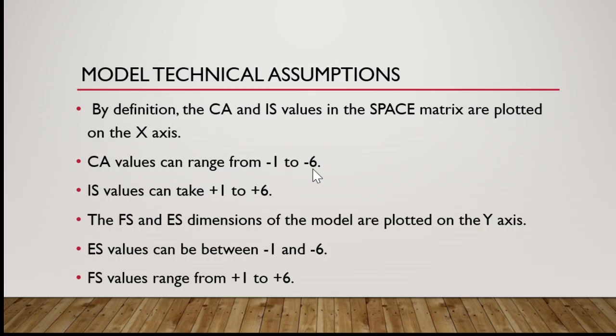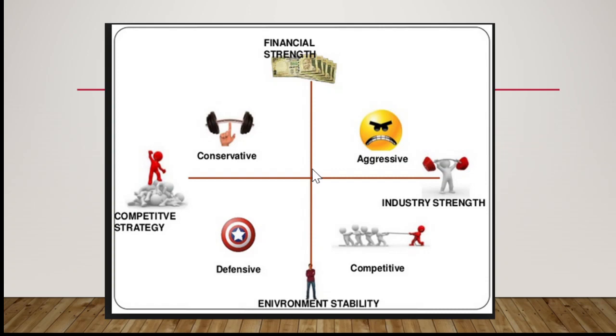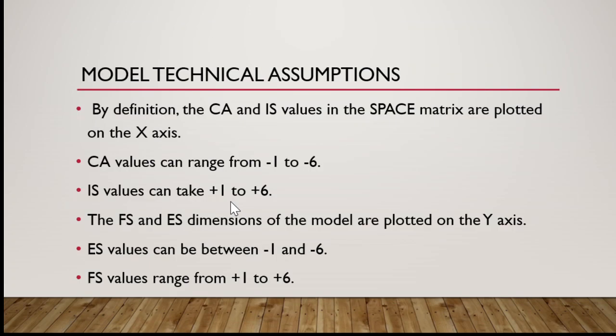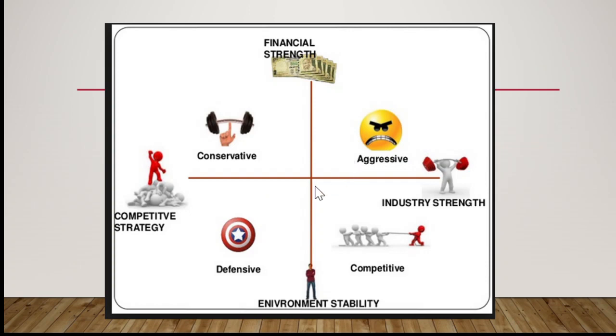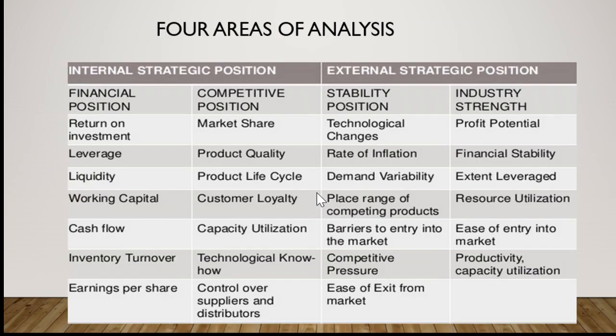If you can remember, andito kasi siya. Okay, so -1 to -6 yung CA natin. Yung IS naman natin, or yung industry strength natin, sa x-axis pa din, can take +1 to +6. Okay, kasi andito siya, +1 to +6.